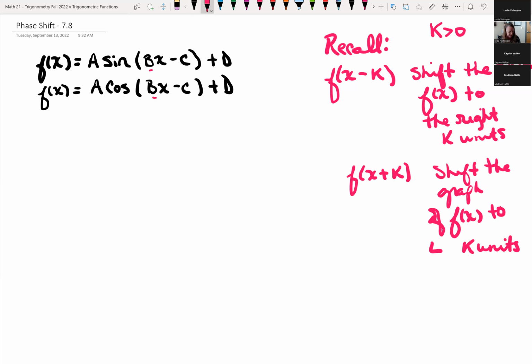And so our phase shift is going to be our value of C divided by B. And if our value of C is greater than 0, it's going to be to the right C units.